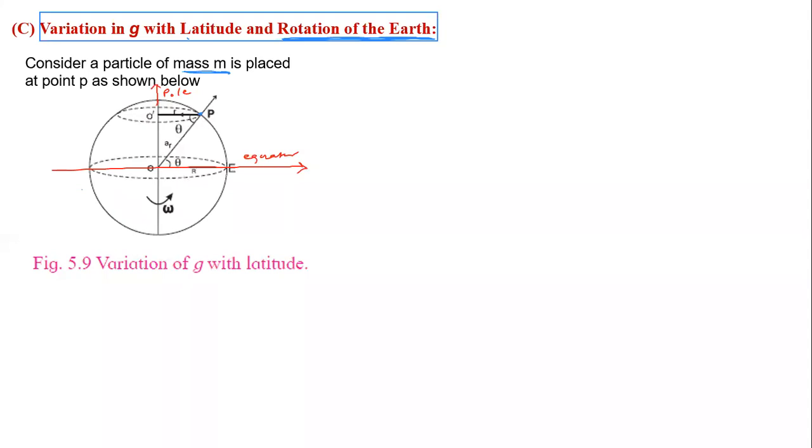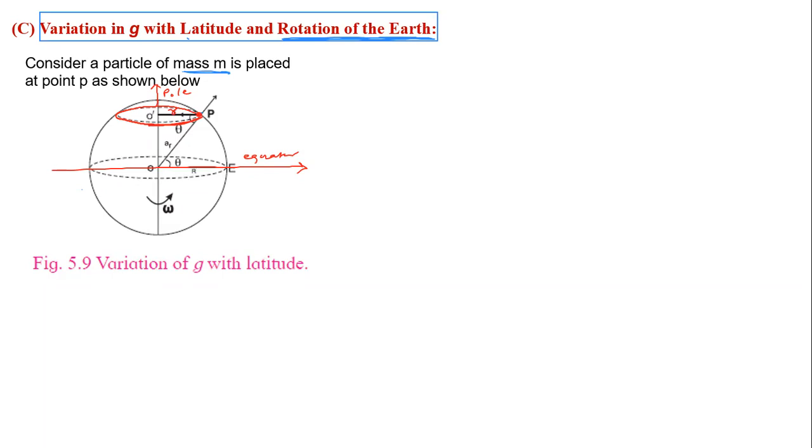Now here the particle is at point P. When Earth rotates about the polar axis, this particle also rotates. Now let small r be the radius of the circular path of this particle.